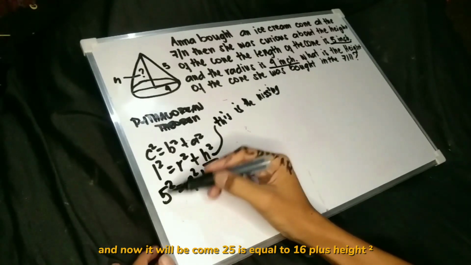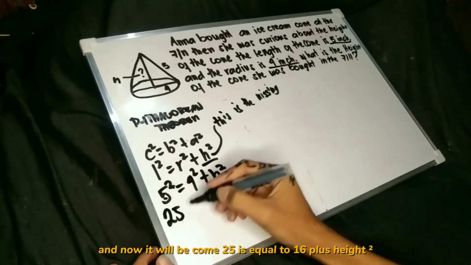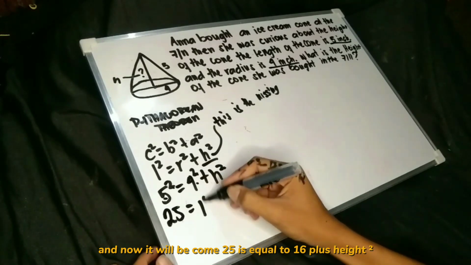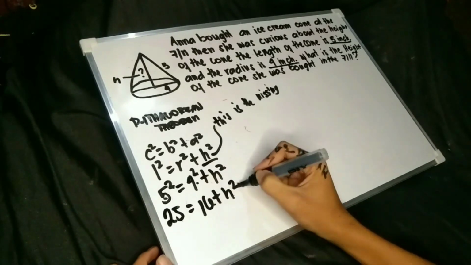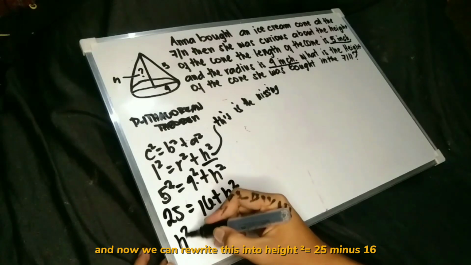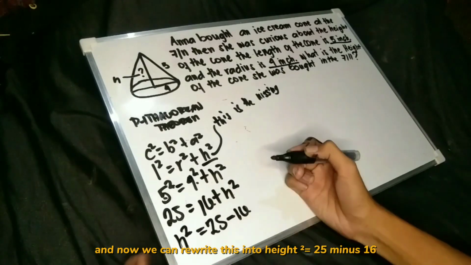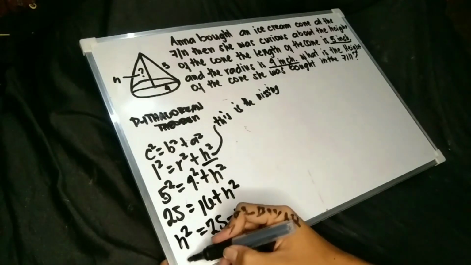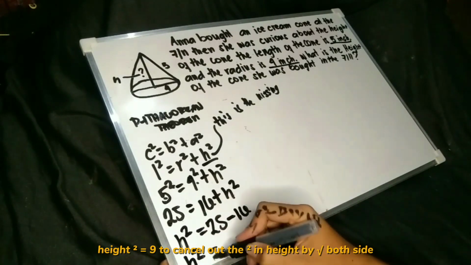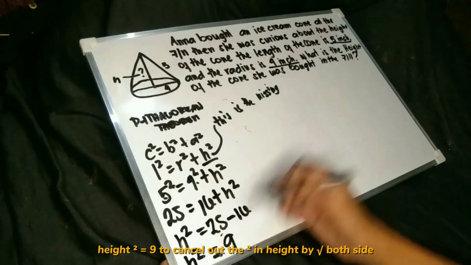Now it will become 25 is equal to 16 plus height squared. And now we can rewrite this as height squared equals 25 minus 16. Height squared equals 9. To cancel out the square in height, we take the square root of both sides.